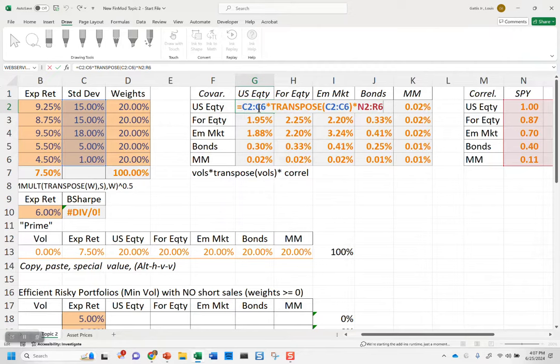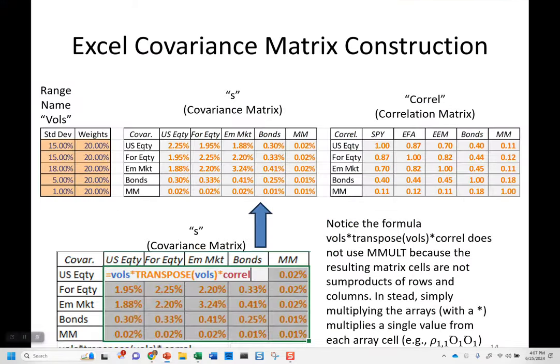Again, this is not mmult. This is just, it's confusing. This is just multiplying arrays or matrices in Excel, but each one is not a sum product. Each one is just multiplying the corresponding value. So for example, let me just go back to the spreadsheet here. To calculate this value here, I just need to multiply the first vol times the second vol. So this is the covariance between the first and second assets.